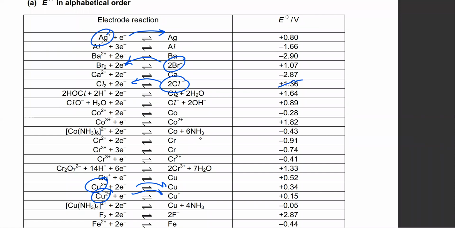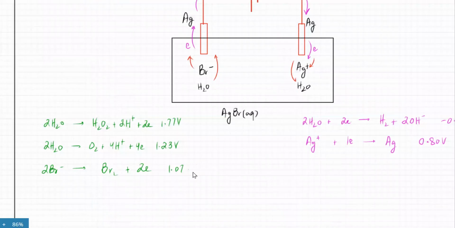We had silver as well, so we have an equation for silver losing electrons as well. Remember the electrode was made out of silver, so I've got an equation where silver is losing electrons as well, and that's 0.80 volts, and I'm going to add that equation as well. So at the moment I've added the Br minus 1 equation, and just give me 1 second for the board.